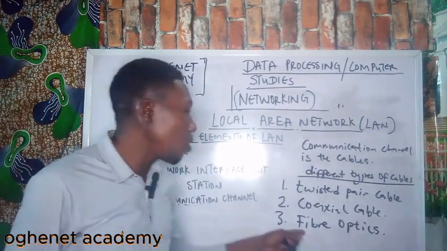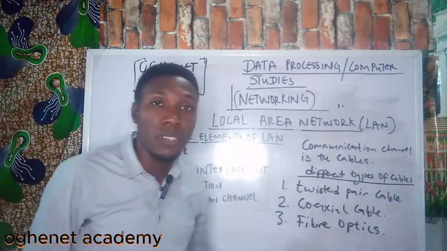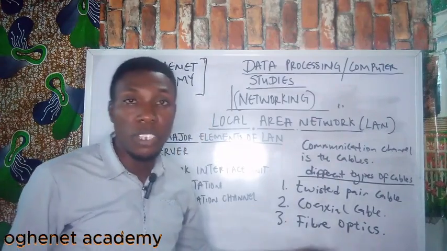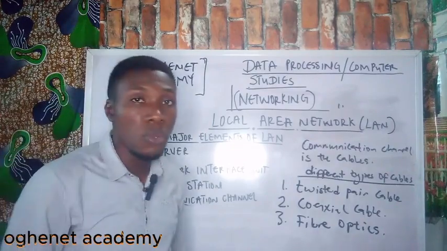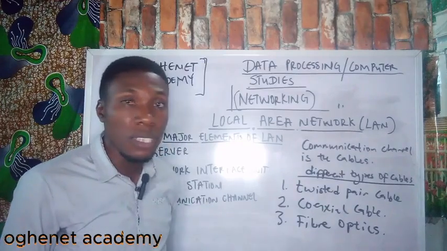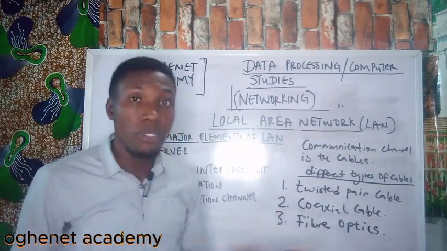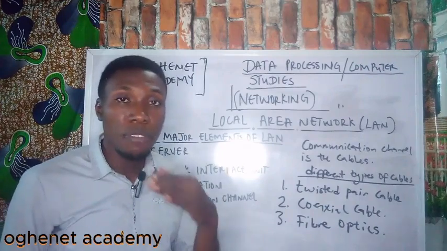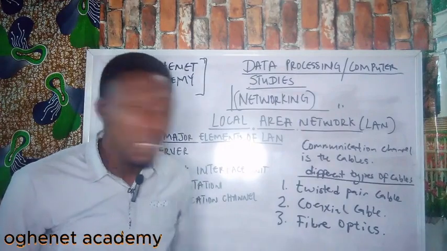And that is the reason why this particular communication channel is majorly used by major telecommunication companies. In Nigeria here, we have internet service providers or network providers like Globalcom, MTN, and Airtel.